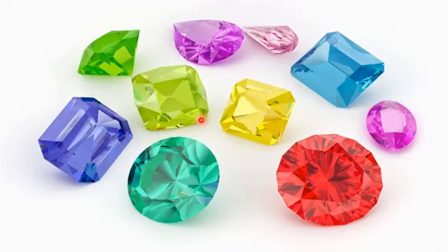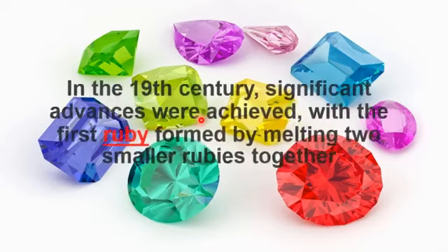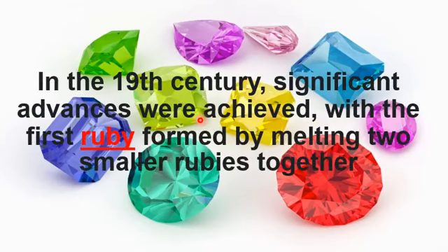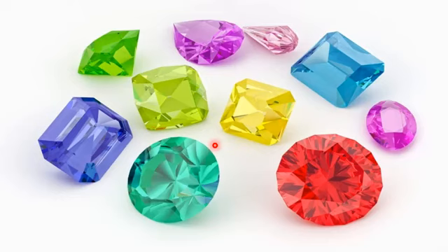However, the major development was made in the 19th century, where the first ruby was synthetically prepared by chemists. The first ruby prepared by chemists was formed by melting two smaller rubies, which were then transformed and crystallized into a single crystal ruby.